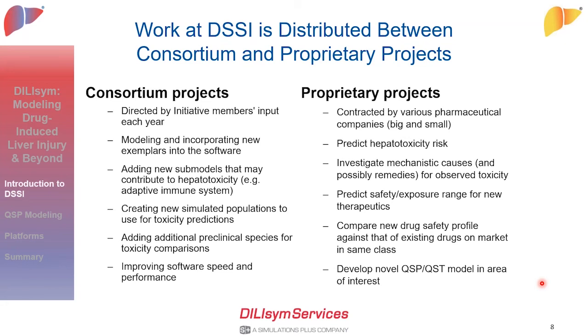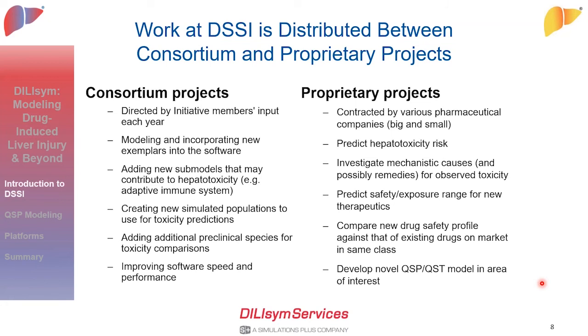And as part of that, working within model development at DILIsym, we've distributed time between consortium and proprietary projects. So that initiative fits under the consortium projects where we are directing based off of members' input each year. We're incorporating new drugs into the software. We're looking at various aspects of modeling, which would be adding new pieces of the physiology that could help improve the predictive nature of the software.